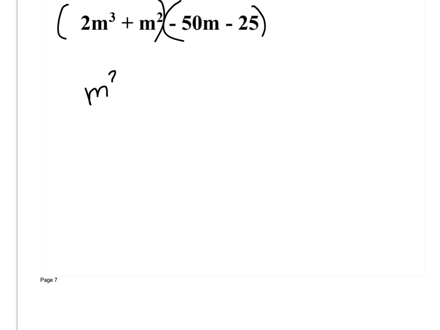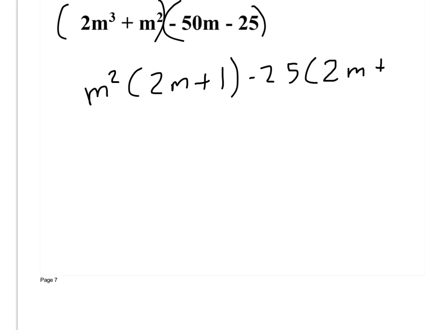M squared. I'm left with 2m plus 1, right? What can I take out of negative 50m and negative 25? Negative 25. What am I left with? 2m plus 1, right?